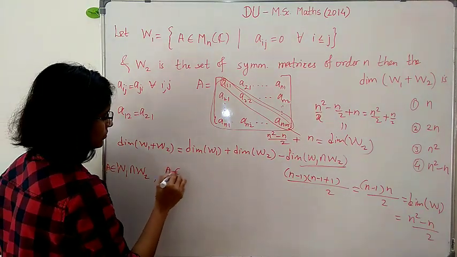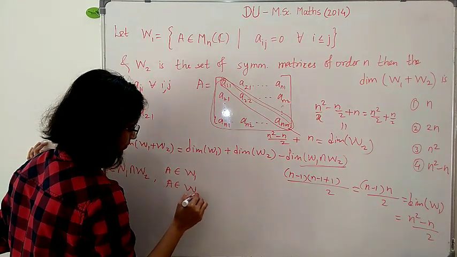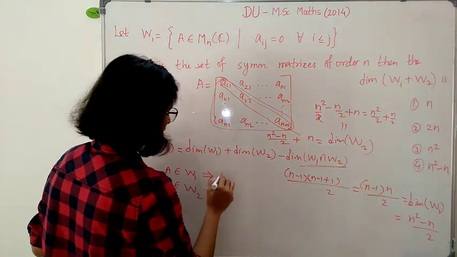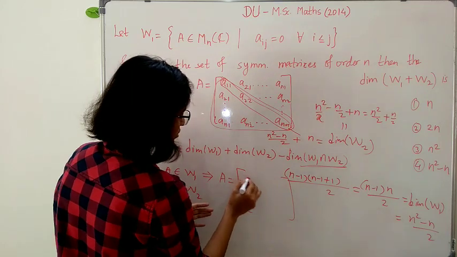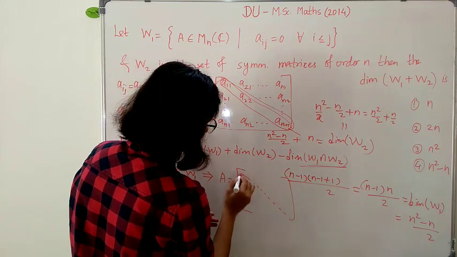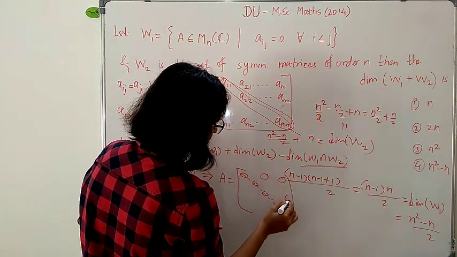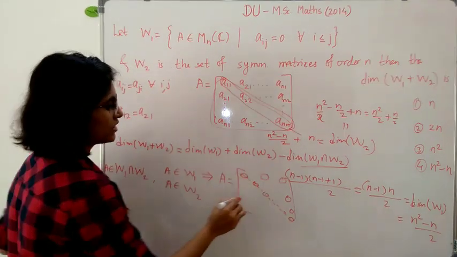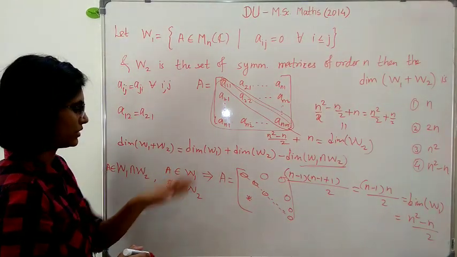Now A belongs to W1 and A belongs to W2, right? We have just seen that A is equal to, all these entries are 0 and these entries are also 0, and these are some non-zero entries. We have seen this in W1.